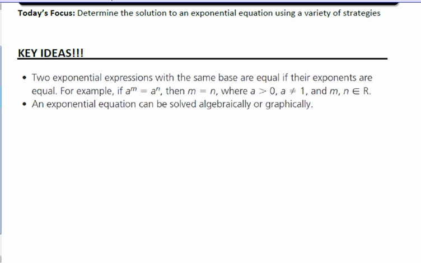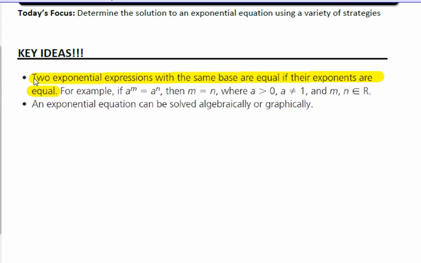On the next page. Okay, two exponential expressions with the same base are equal if their exponents are equal. This is huge. So this is saying their exponents are equal if the bases are equal. So do we know what a base is? The b value.